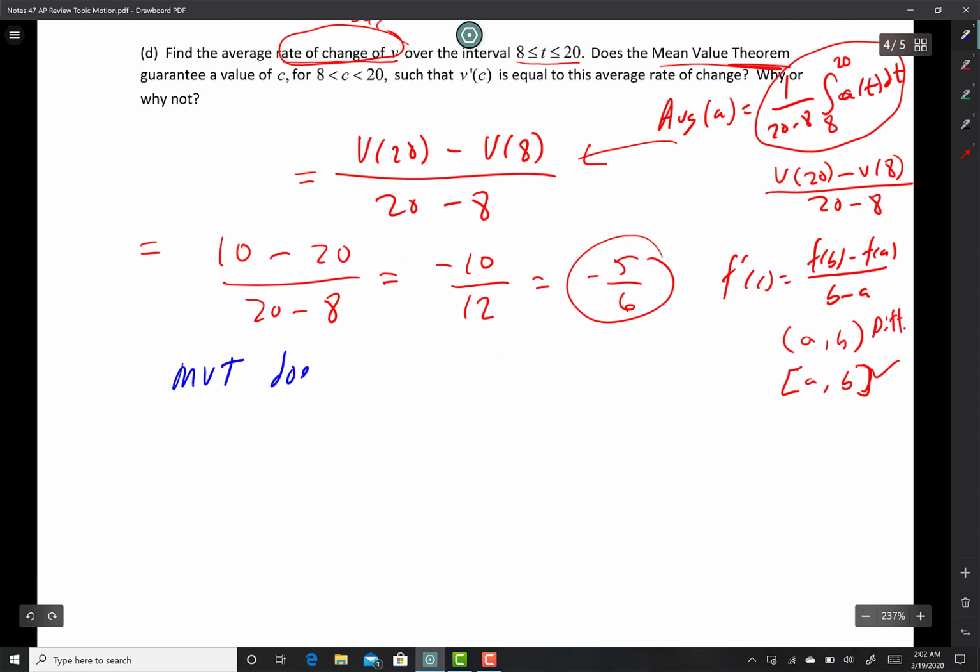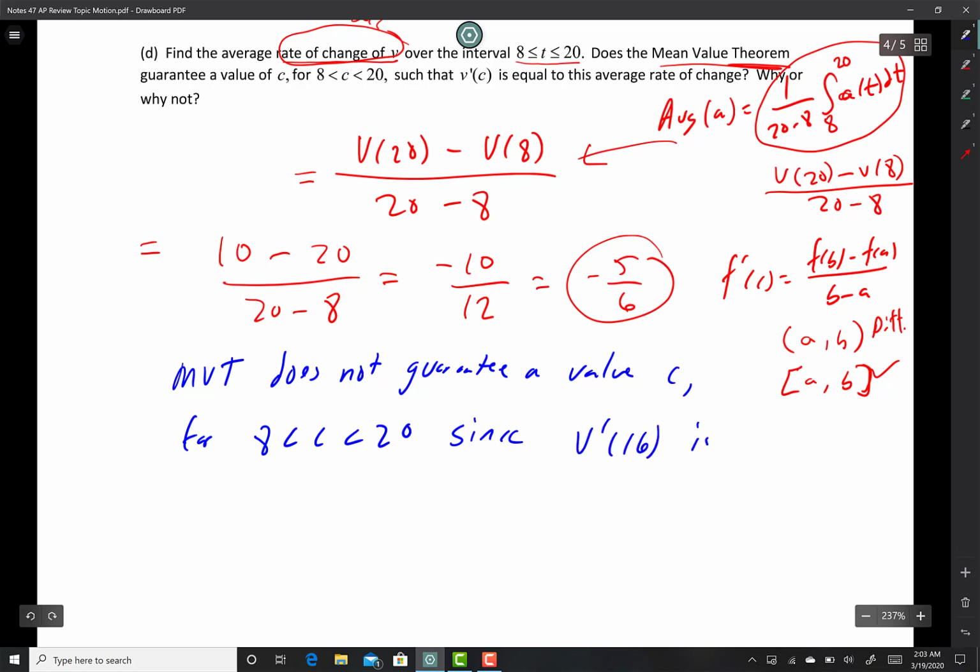MVT does not guarantee a value c for 8 less than c less than 20 since v prime of 16 is not differentiable.